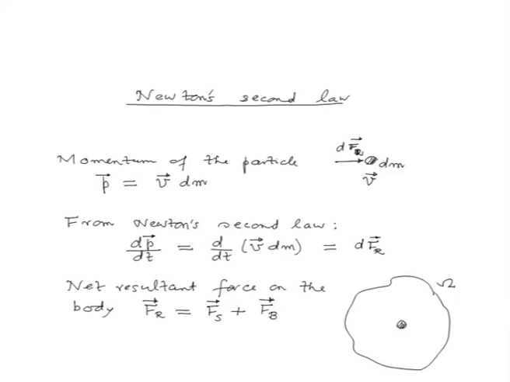Now, what would be the total momentum or rather rate of change of the momentum of the entire body? This body could be thought of as if it is composed of many particles having the mass dm, and so we can integrate. If you want to find out the rate of change of momentum of the entire body, we can integrate the momentum of the particle.